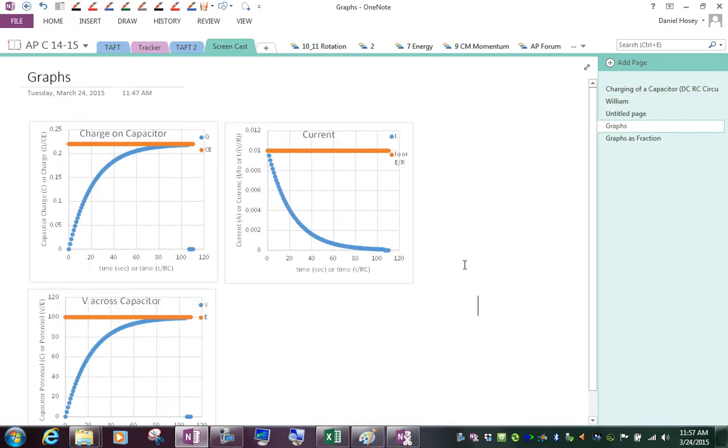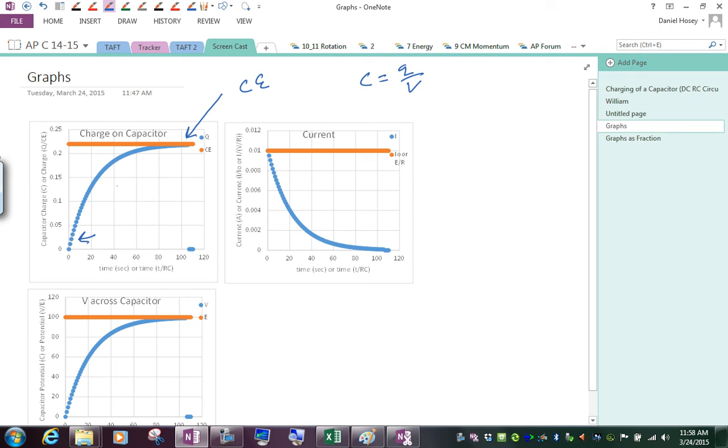In fact, when you look at the graphs here, that charge is going to be equal to CE. The reason, again, C equals Q over V, so Q equals C times V, V being the voltage of the battery. It takes time.